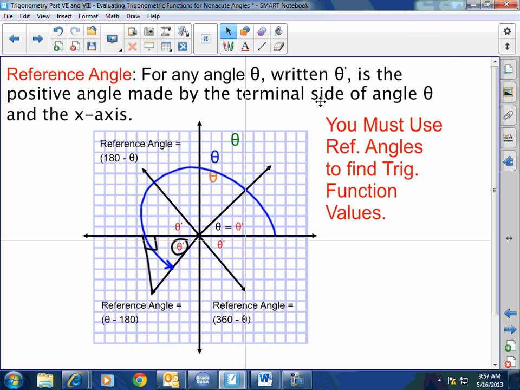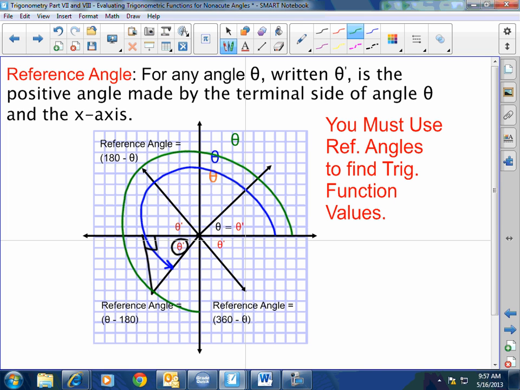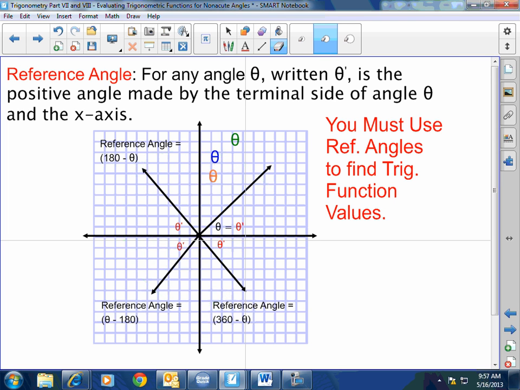When you have a reference angle in the fourth quadrant, you went all the way around and then a little bit. You drop an altitude to the x-axis, and now that is my theta prime. That is my reference angle. So when you look at reference angles, guys, what you're really creating is right triangles where the right angle is touching the x-axis. You with me here? Because now we're going to practice this, I promise. Does this make sense so far, though?